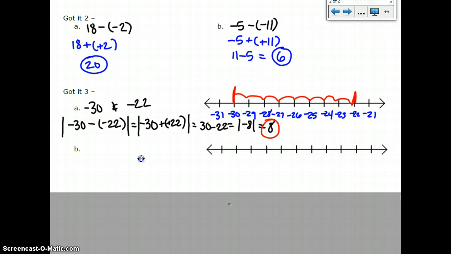Okay, go ahead and do B on your own. The two numbers you're finding the distance between are negative 6 and 5. When you're done, check your answer up on the board with mine.